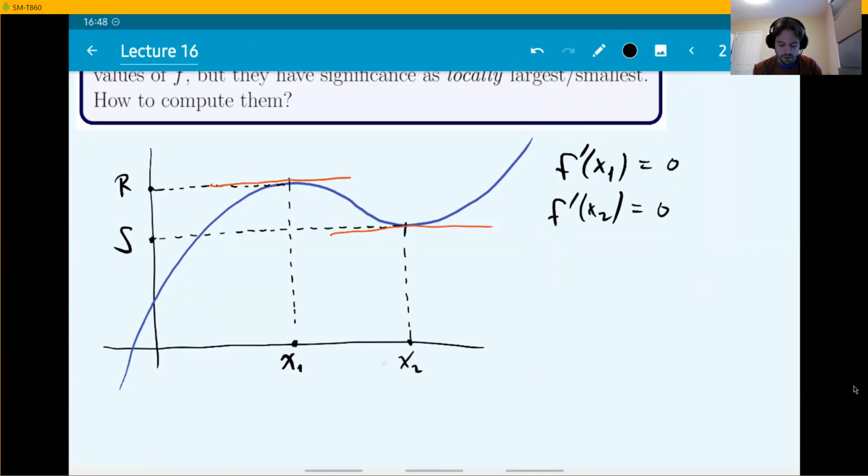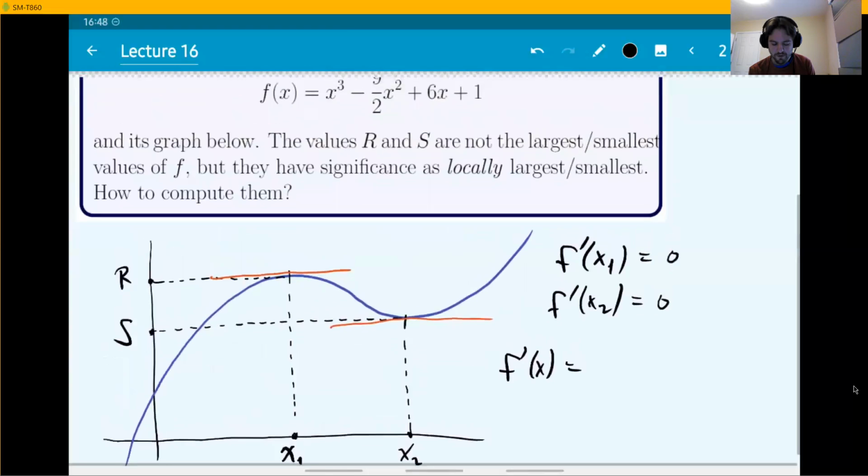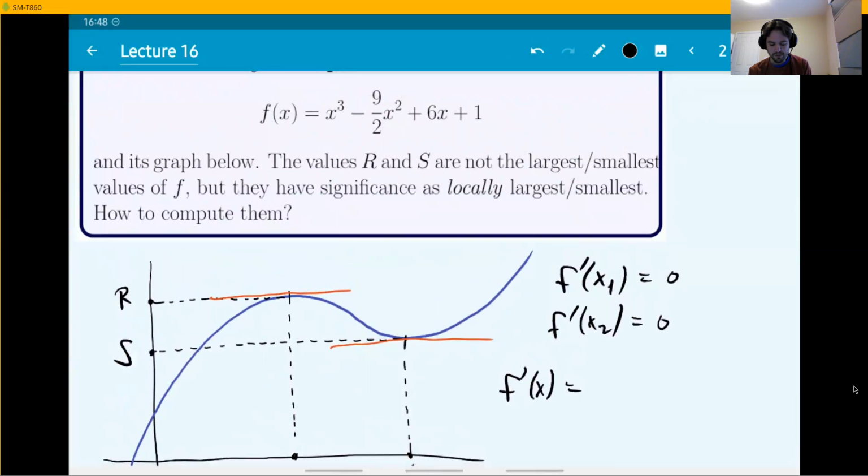Well, at least finding x1 and x2 first, but then you can find r and s because those are the values of the function. So what we have to do is, first of all, compute the derivative, f prime, and then set it equal to zero to find x1, x2. This derivative is an easy one. So I'm just going to differentiate the polynomial here.